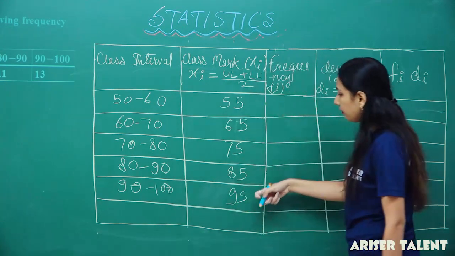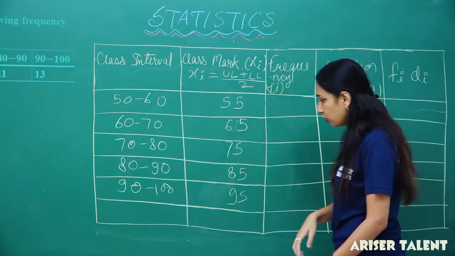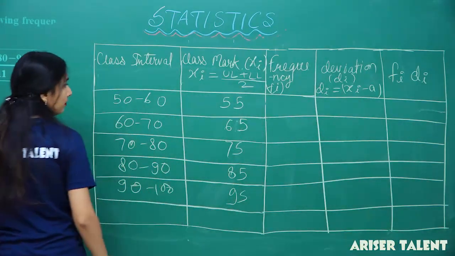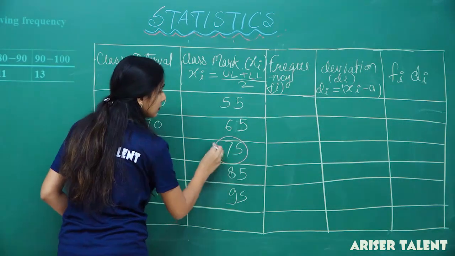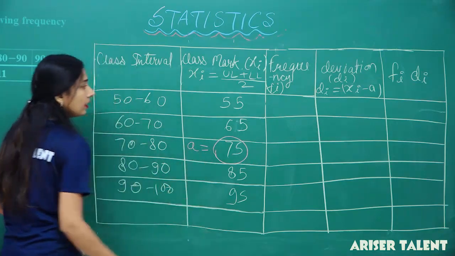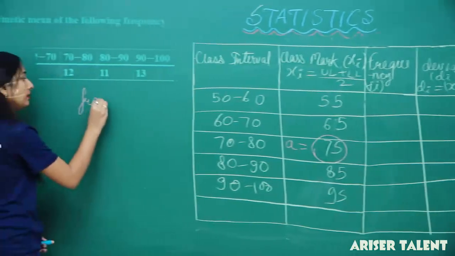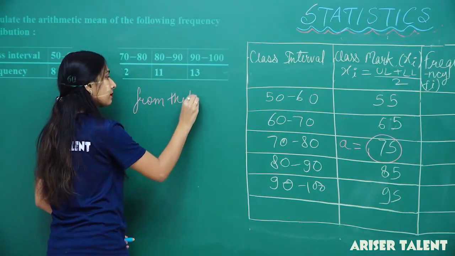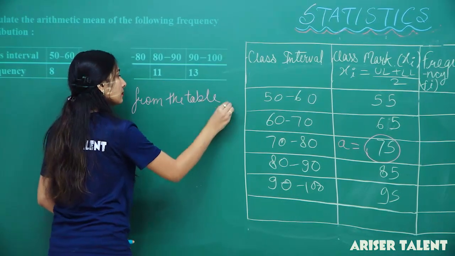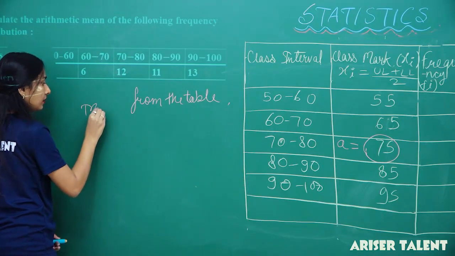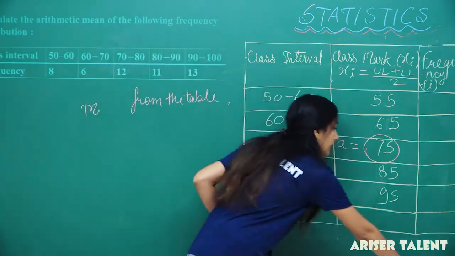How many values are you having? 1, 2, 3, 4, 5. So the value of A will simply be the middle one, 2 upside, 2 downside, the mid value from the table, or you can say the central value.